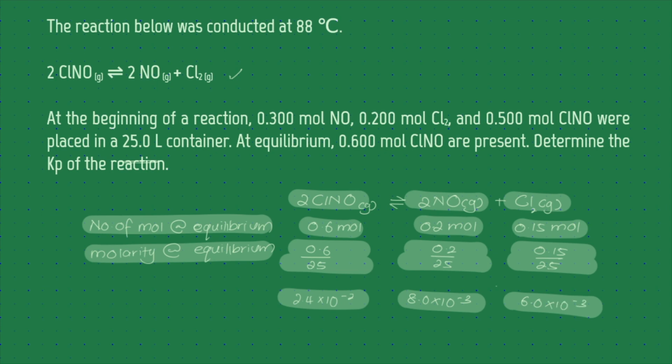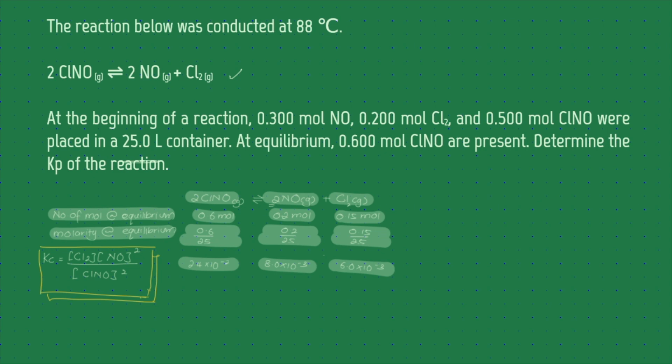From these values, we can calculate the Kc of the reaction. Kc is equivalent to whatever is in the product divided by whatever is in the reactant. For Kc, we are looking at concentration, therefore we write it in square brackets. So [Cl2], and then we have [NO] to the power of 2 because we have 2 here, divided by the concentration of [ClNO] to the power of 2 as well.